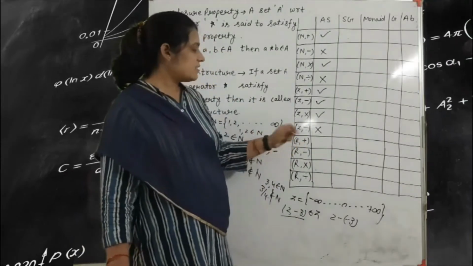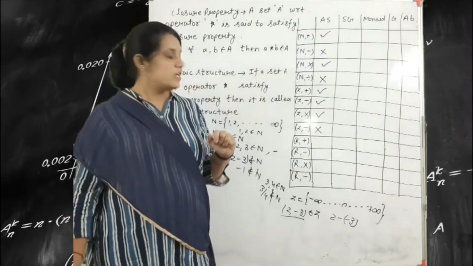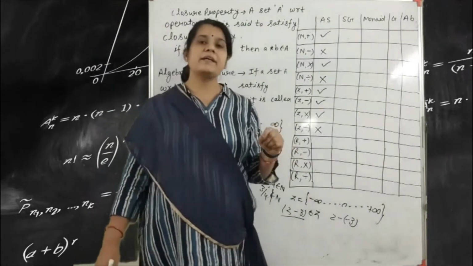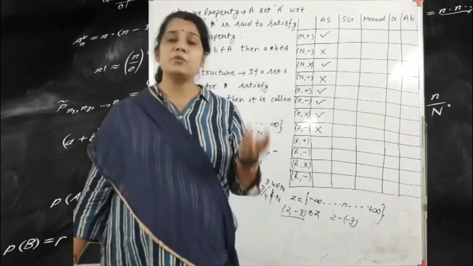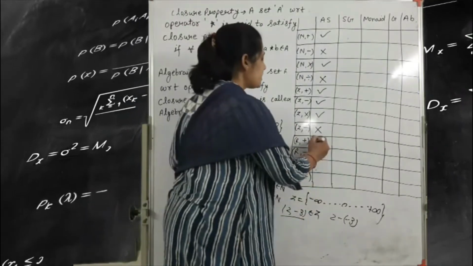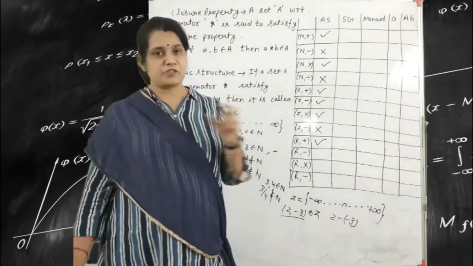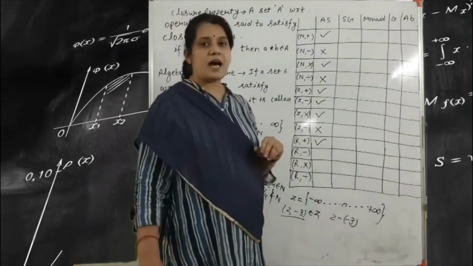Okay, next one is R plus. R, what does that mean? The real number set. Okay, so if we use 2 and 3 or consider any two elements, with the help of plus, this satisfies the closure property, so this is an algebraic structure. Okay, next one is R minus.